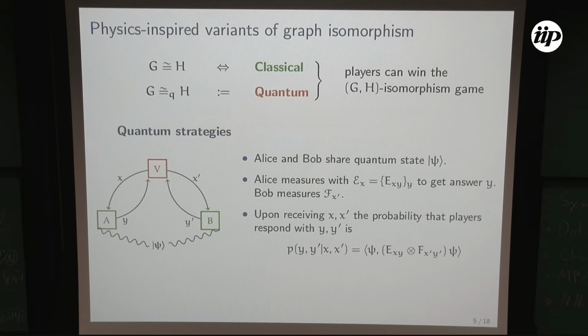And so for quantum isomorphism, we are interested in when there exists a quantum strategy that lets the players always win. So when can we choose this state psi and these measurements so that this joint conditional probability distribution lets Alice and Bob win in this game.